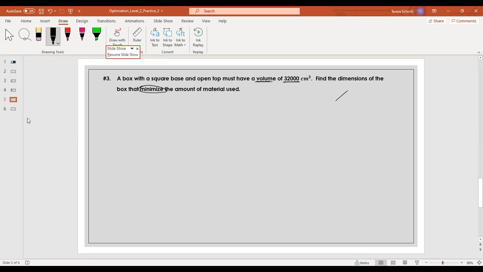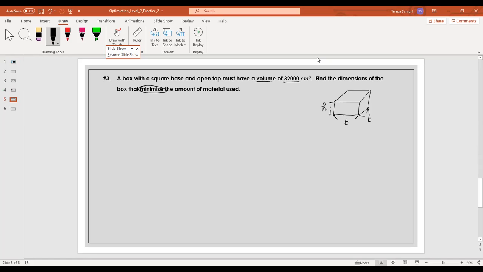Like we did before, a graph is always going to help. So this is a box, and I have a square on the bottom. The length here is b and b is here. Then the height of this box, let's say, is h.